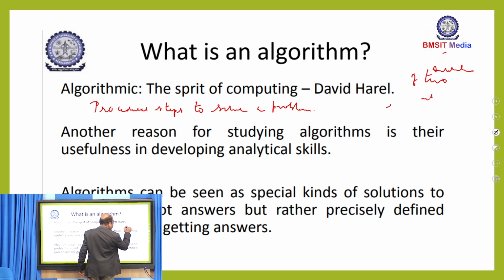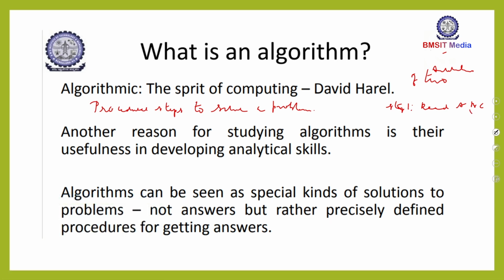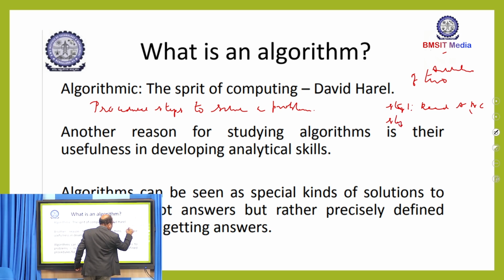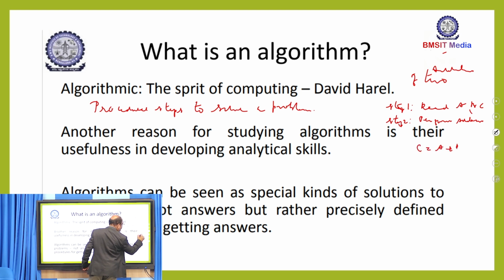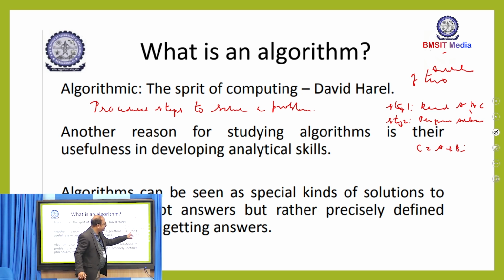Step 1, I am going to read A, B, C, where A, B and C are variables. Then step 2, perform the addition operation: C is equal to A plus B. So the second step is performing the computation of the summation operation.